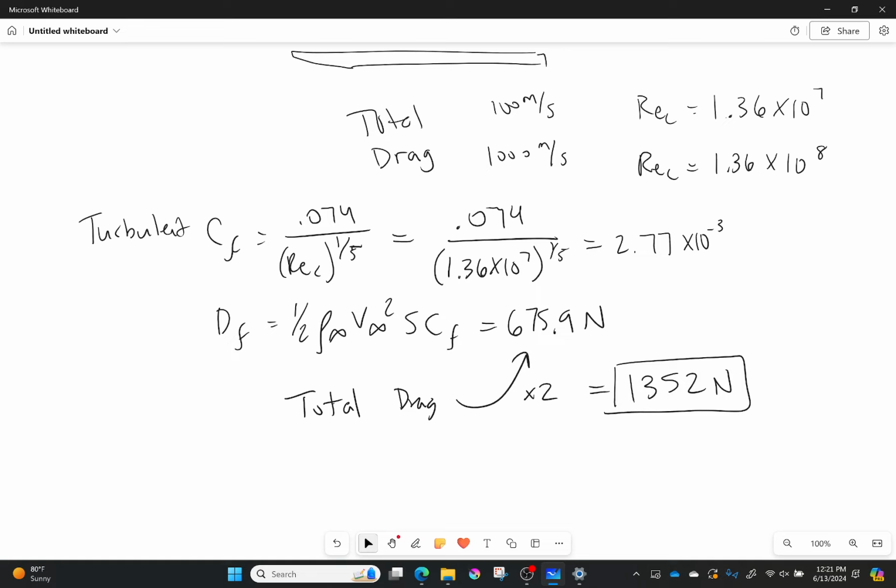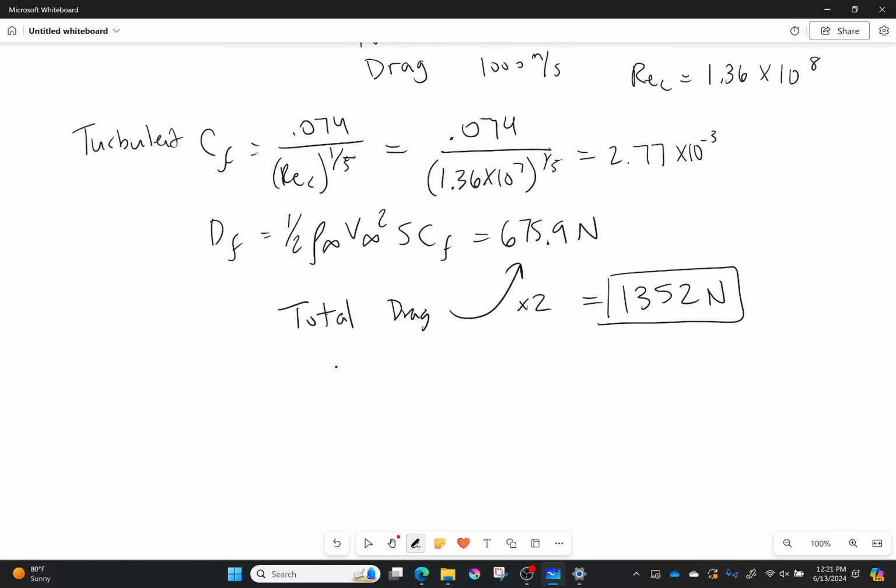Okay, so now let's compare to our earlier case. So if we want to look at the ratio here, so my drag in the turbulent case over my drag laminar, well, it's going to be equal to 1,352 in the turbulent case, all over 175.6 in the laminar case.